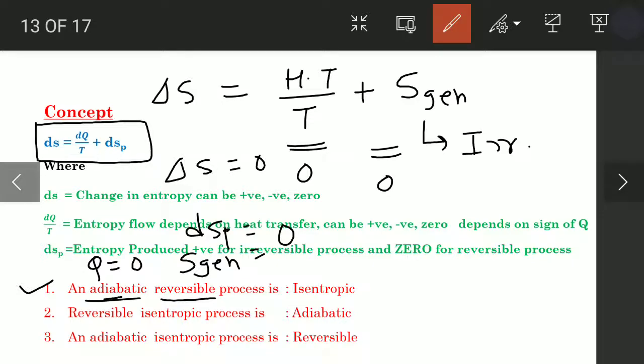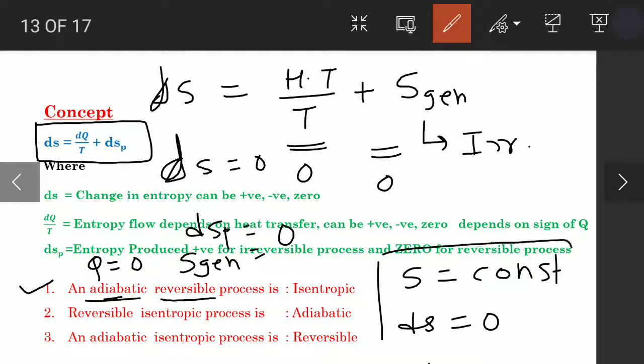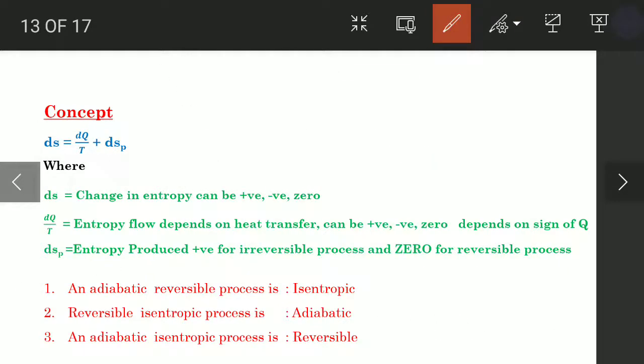Delta S is 0 means what? dS is 0. Entropy is a constant, and differentiation of this is 0. It means it is an isentropic process. For an isentropic process, entropy is a constant. So here we can conclude that an adiabatic reversible process is always an isentropic process.